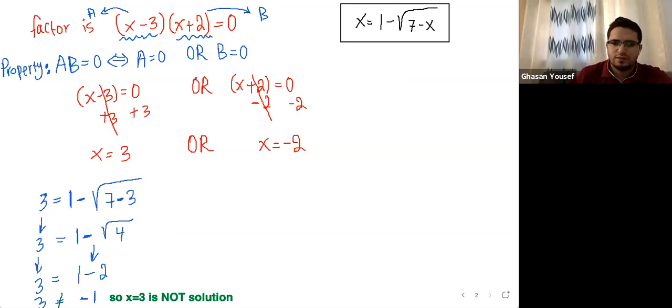Who will do the second one? Mohsen said x equal -2 is a solution. How do you know? How did you plug it inside?